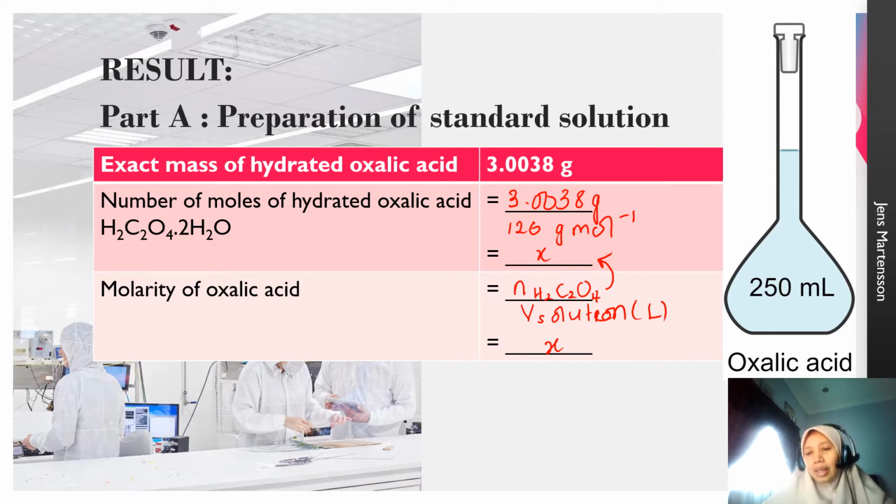Remember, in the preparation, you add distilled water until the graduation mark, which is 250 ml of solution. Therefore, the volume of solution here in liter is 0.25, and that enables you to calculate the molarity of oxalic acid.